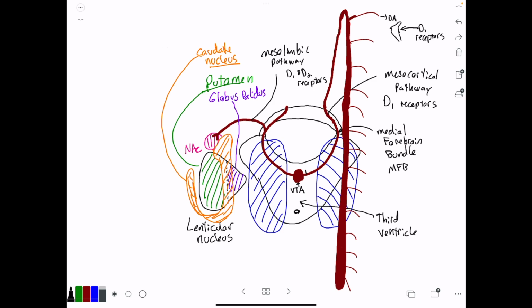So the receptors are found on the target neurons, and it's the same for the mesolimbic pathway, specifically the neurons that it is synapsing on inside the nucleus accumbens in our striatum. This is just a blown up picture of a postsynaptic dendritic spine, for example, which is going to have D1 and D2.